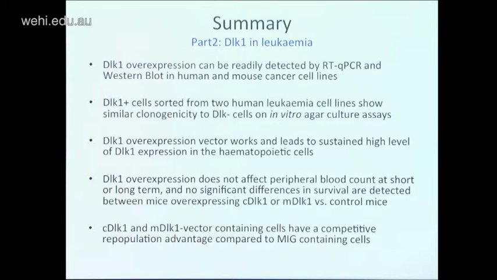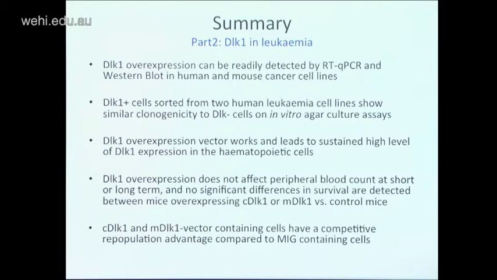So in summary of my second chapter, Dlk1 overexpression can be readily detected by PCR and Western blot in human and mouse cancer cell lines. And I've shown that the Dlk1 positive cells sorted from the 2 human leukemia cell lines do not show any difference in clonogenicity. The overexpression vector works and leads to sustained high level of Dlk1 expression in hematopoietic cells long term.